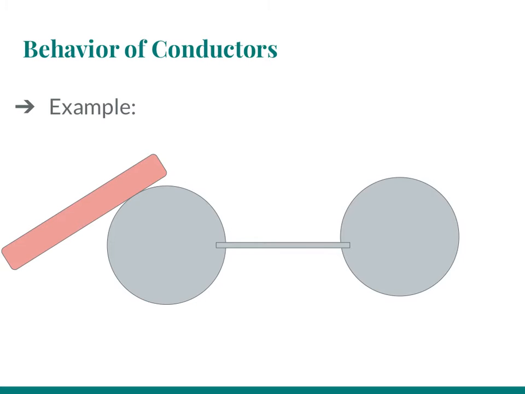So to model this again, just make sure we got it. We're going to look at 2 spheres connected by a metal rod and a second rod that has an initial charge of 6 positives. Now, when that contact is made with a conductor, the charges are going to move from the rod to the conductor.